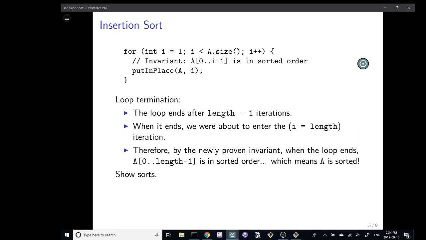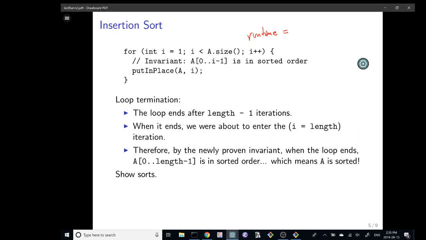Well, let's just think, what about runtime? What's the runtime of insertion sort? And again, I'm talking about worst case runtime. What's the runtime?